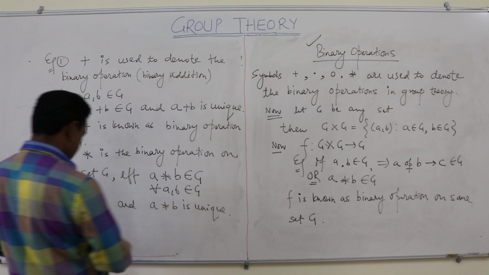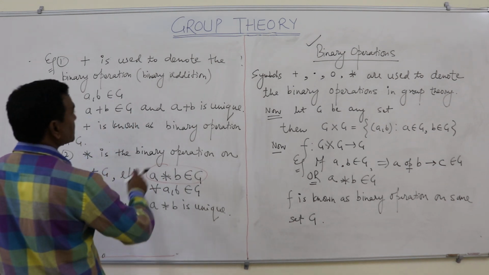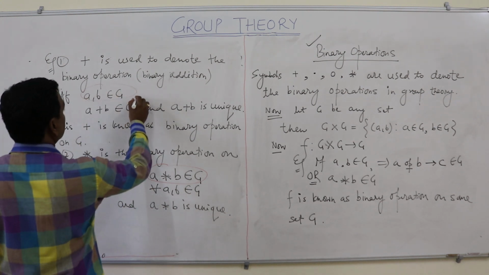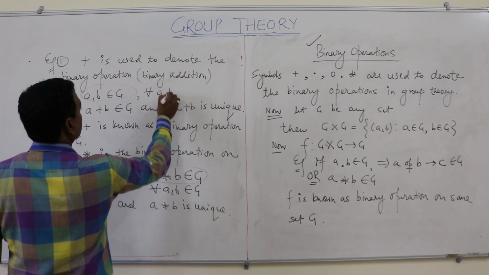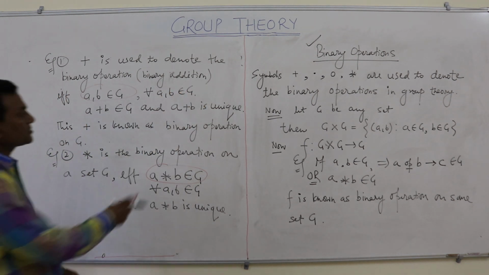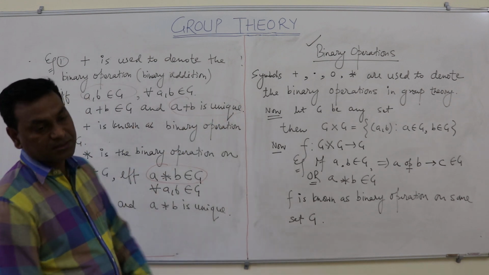So this belongs to this, and this is also for A, B belonging to G, and this is also unique. So we have discussed two binary operations.